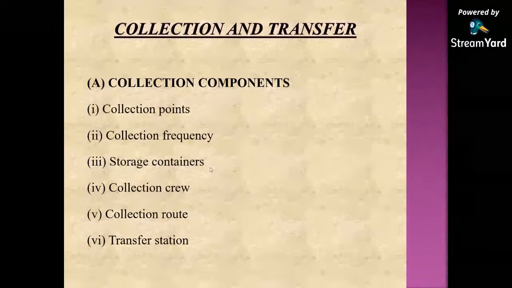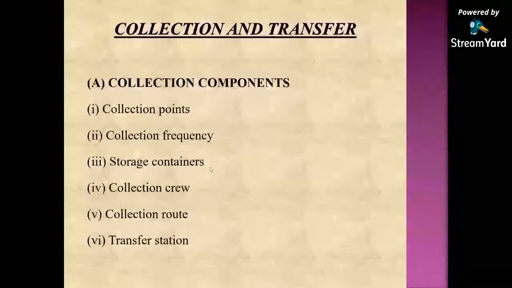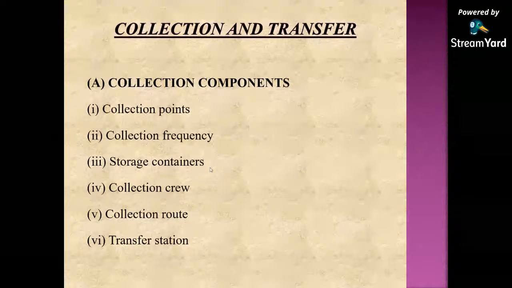Next is the collection crew. The optimum crew size for the community depends on labor and equipment cost, collection method, and route characterization. The size of the collection crew also depends on the size and type of collection vehicle used.